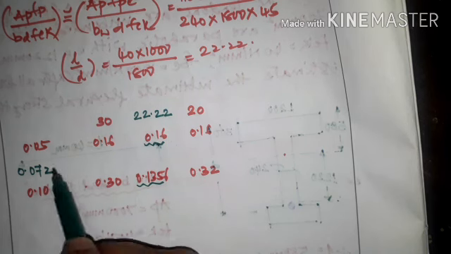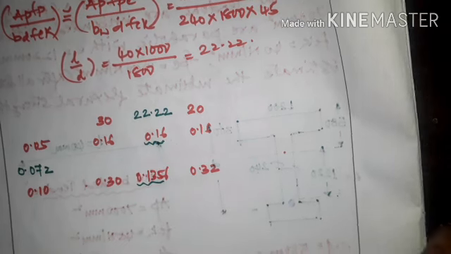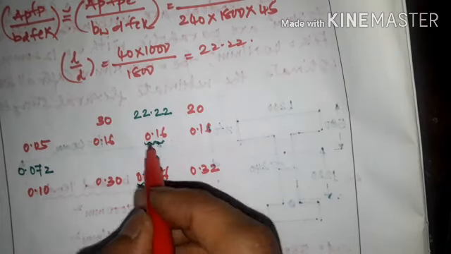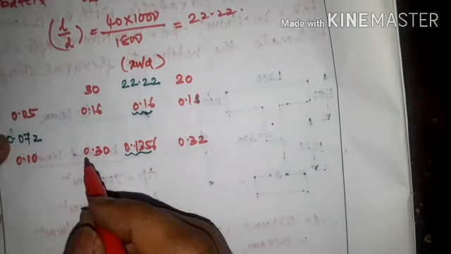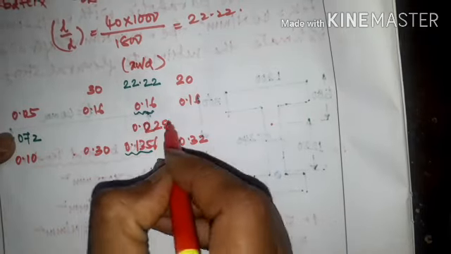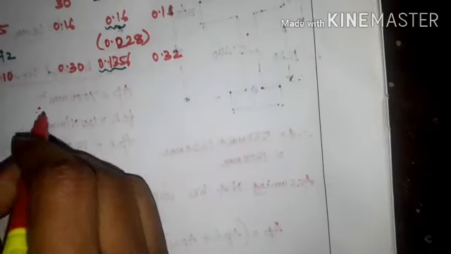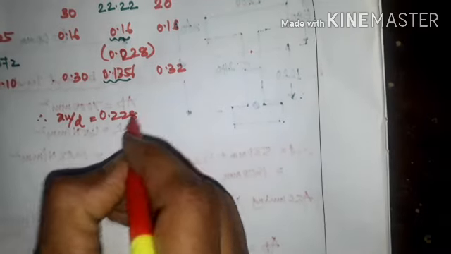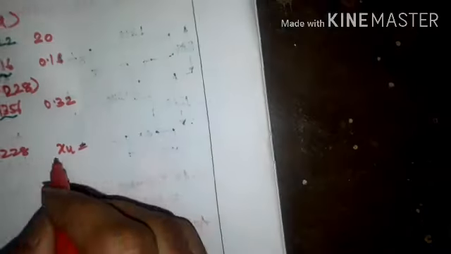For these two you have to interpolate for 0.072, and after interpolating we got the value for 0.072, that is XU by D value, as 0.228. Therefore XU by D is equal to 0.228.